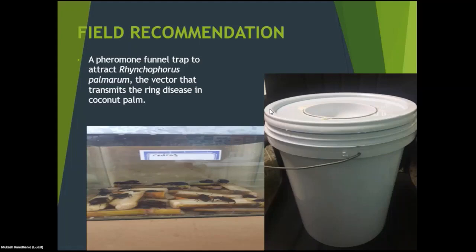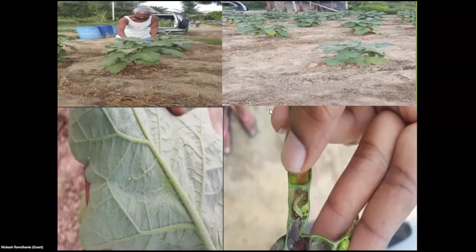Right, so this next slide shows a farmer with problems with his melongene, right? And the officer would look at the leaves, examine the undersurface of the leaves, and right there and then he would be seeing problems.